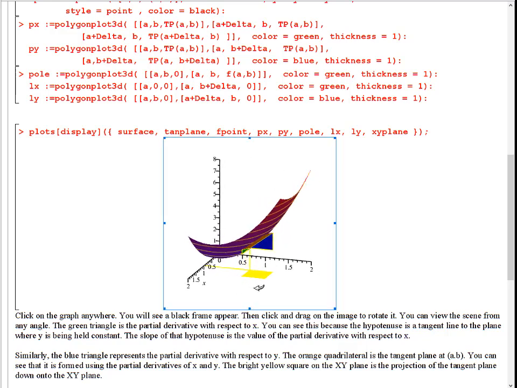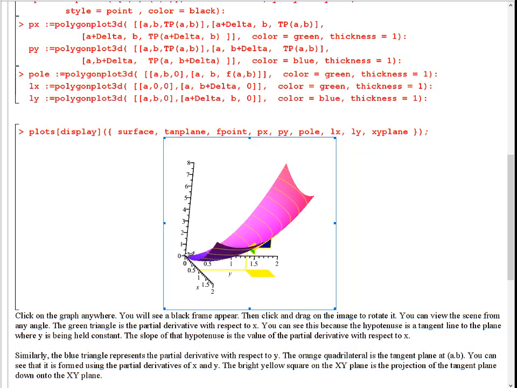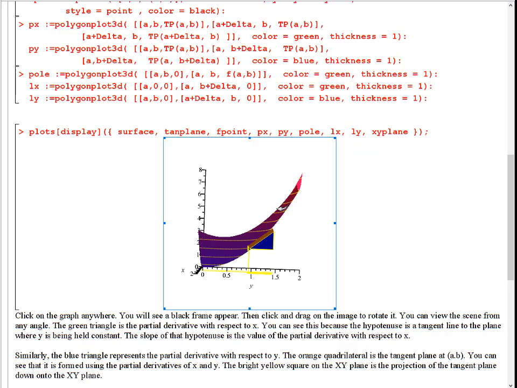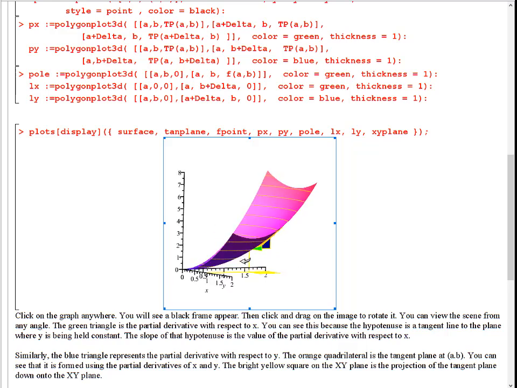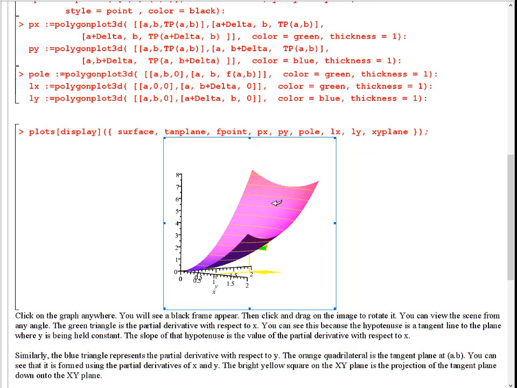If we choose any combination of x and y, then the function will tell us how high we have to come. So when x is 0 and y is 0, the function is 0. As x and y get greater, the function gets greater as well. So rather than a curve, we have this curved surface, which is the graph of the function itself.